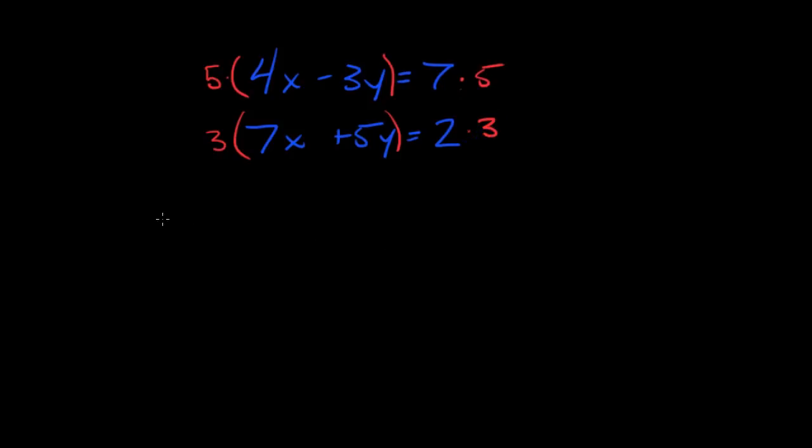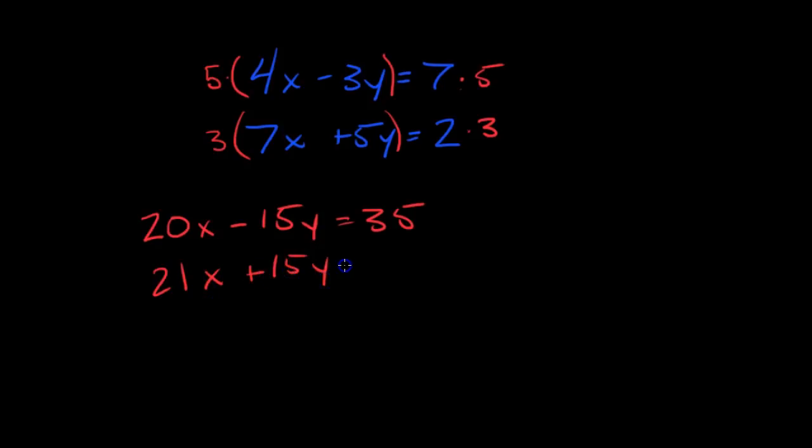And when I do that, what we get, top equation becomes 20x minus 15y equals 35. The bottom equation becomes 21x plus 15y equals 6.